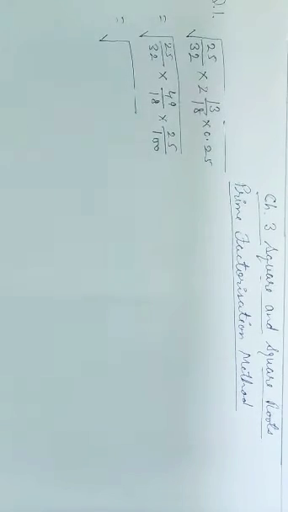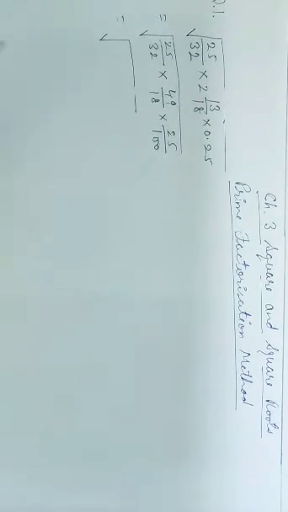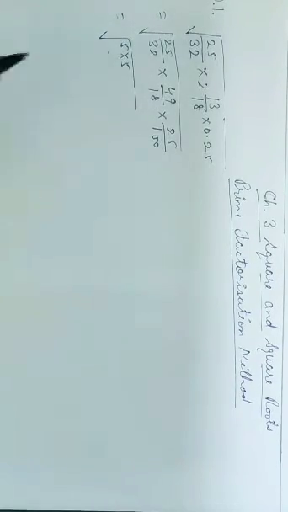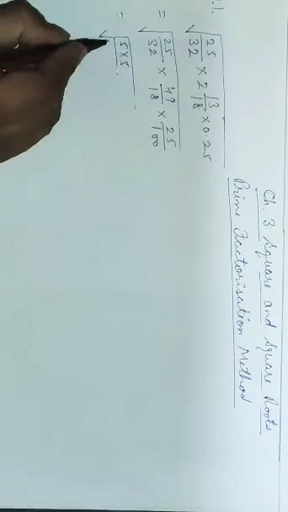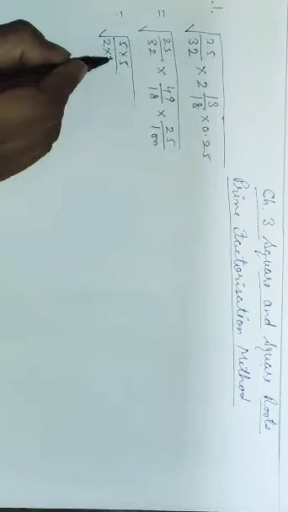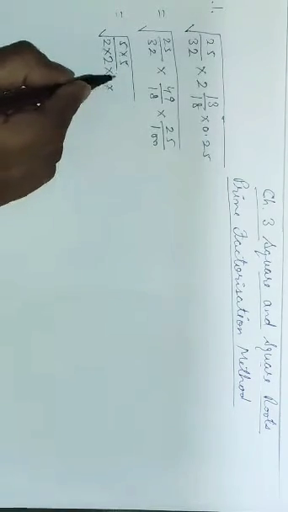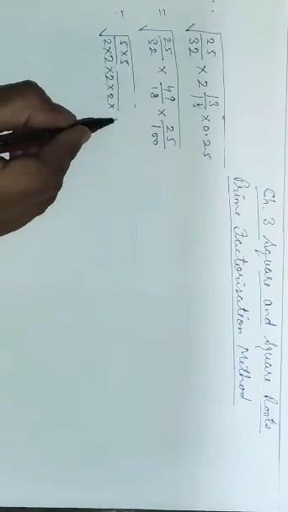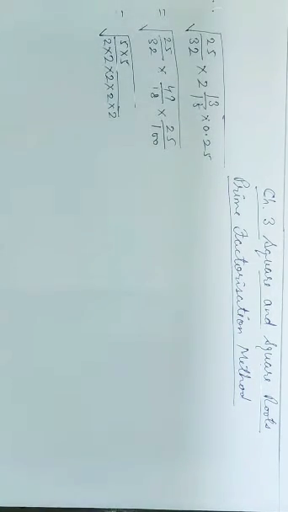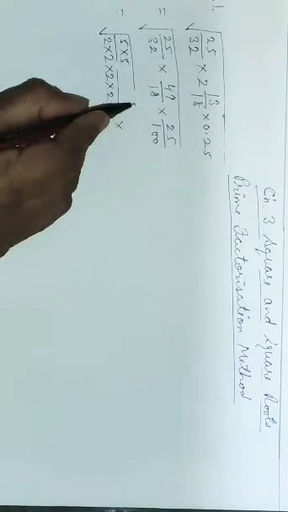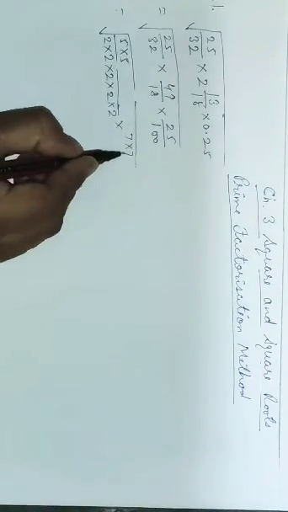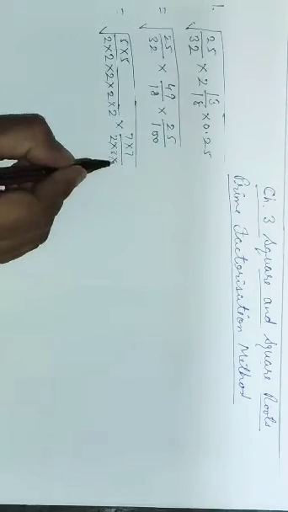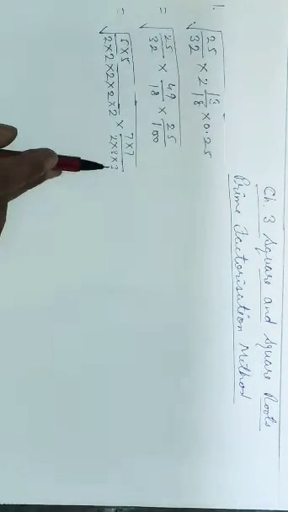Now next step, find the prime factors of all the numbers. 25 we know is the square of 5, so 5 into 5. For 32, write the prime factors of 32. You can find it with the LCM method also. Here I am writing directly: 2 2s are 4, 4 2s are 8, 8 2s are 16, and 16 2s are 32. 49 is 7 into 7. 18 is 2 into 3 into 3.